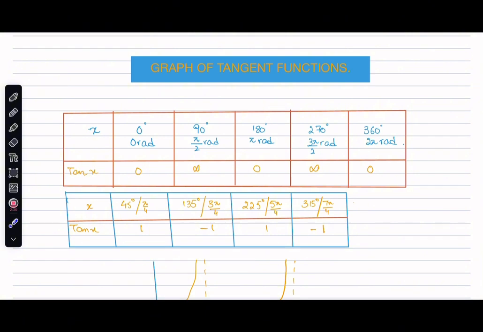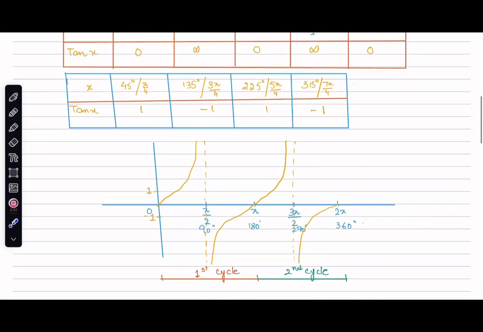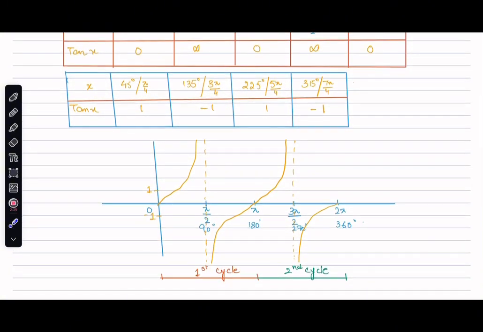So let's quickly look at the graph of the basic tangent function. On this graph that I have sketched, I have the basic x values, which are 0, pi by 2 or 90 degrees, pi or 180, 3 pi by 2 or 270, and 2 pi or 360 degrees.